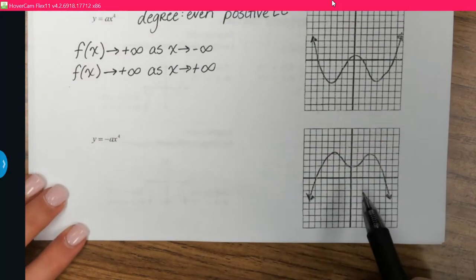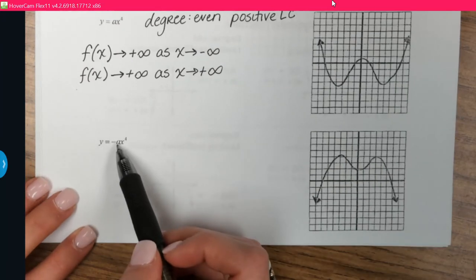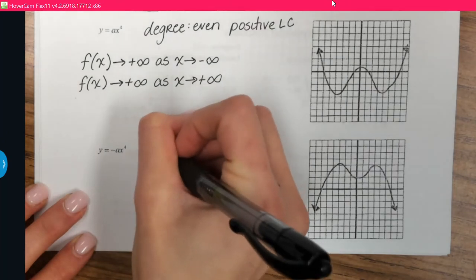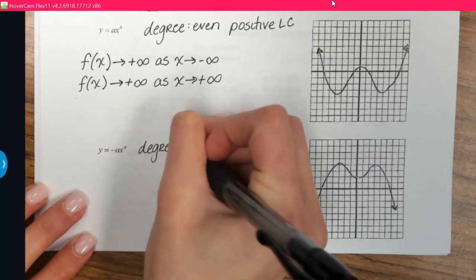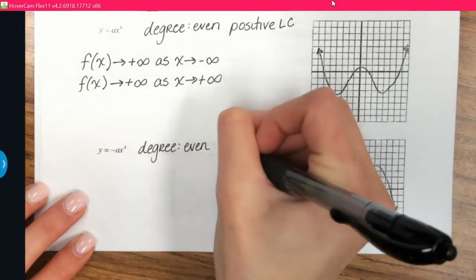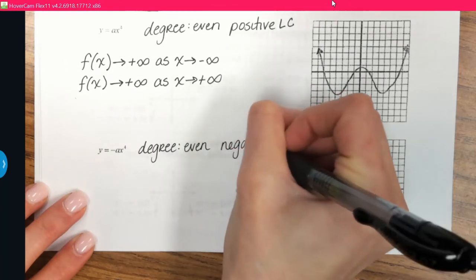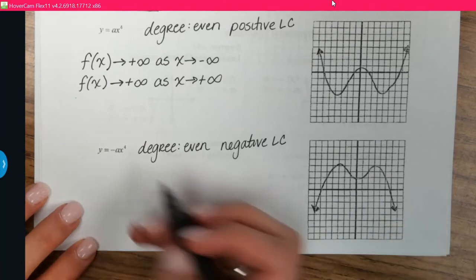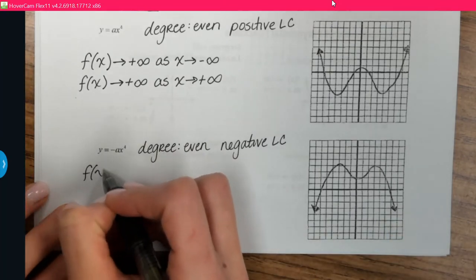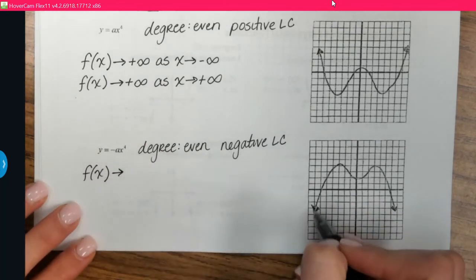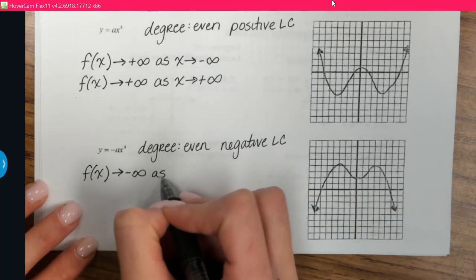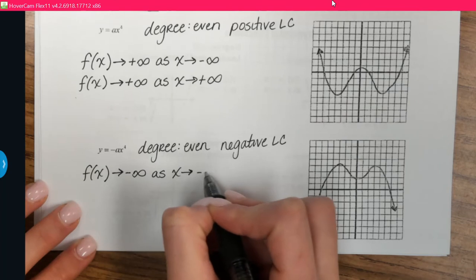Okay, so then if I look here, I've got an even degree with a negative leading coefficient. Okay? So my function is going down to the left, so it's approaching negative infinity as x approaches negative infinity.